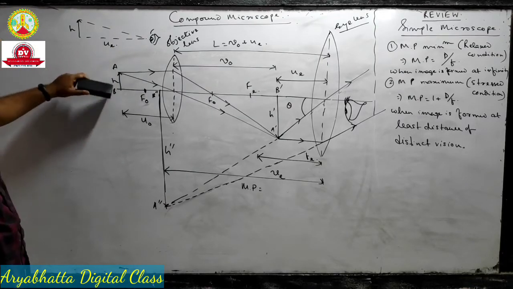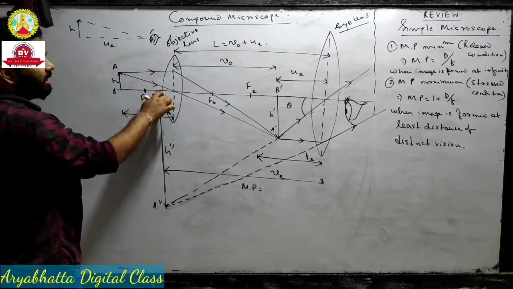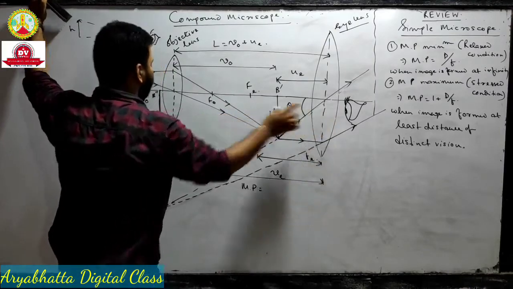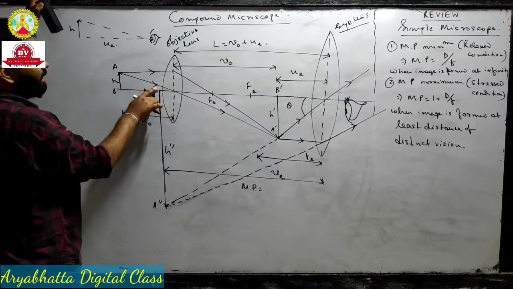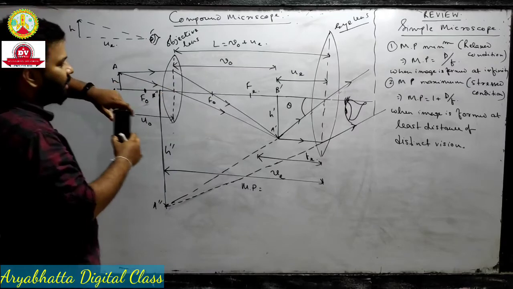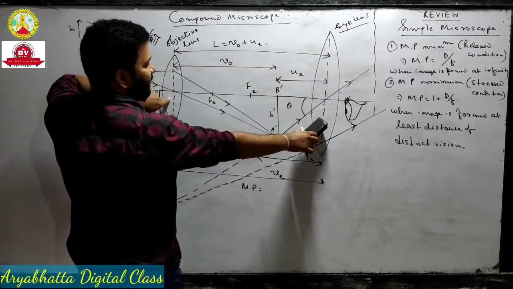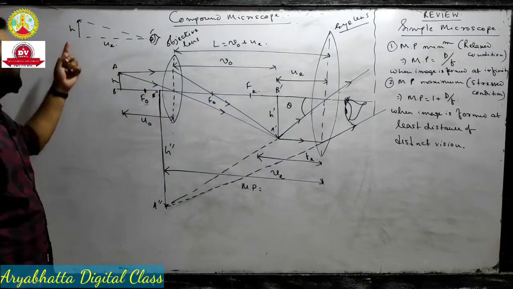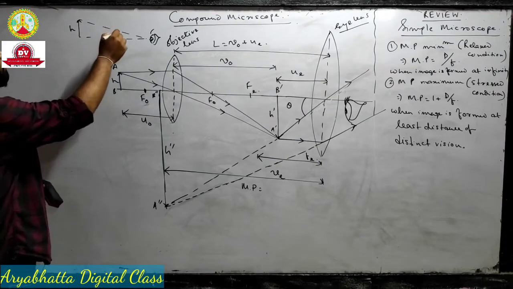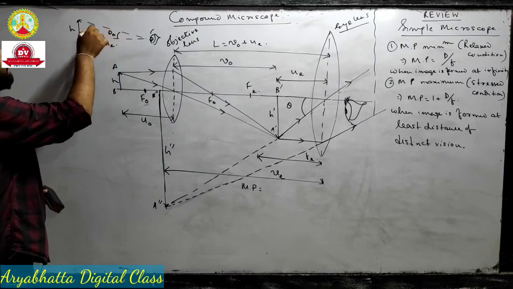So the angle made by the object with the eye is nothing but this angle. Though the eye is at this position, we can say this is the angle made by the object with the eye, क्योंकि this distance is not so high. Okay, so theta naught will be equal to h divided by ue.